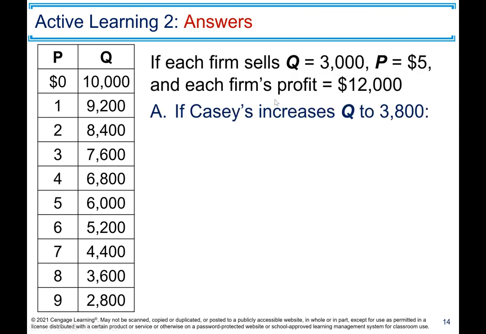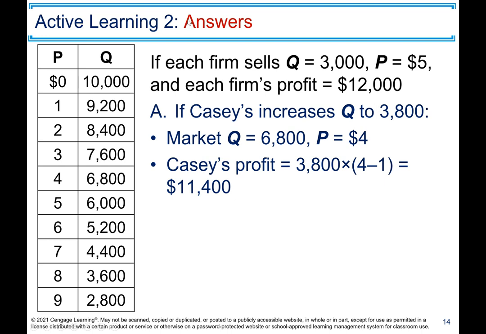Answer. If each firm sells output Q equals 3,000 at the price equals $5, each firm's profit is 12,000. A. If Casey's increases output to 3,800, market output is 6,800 at the price of $4.